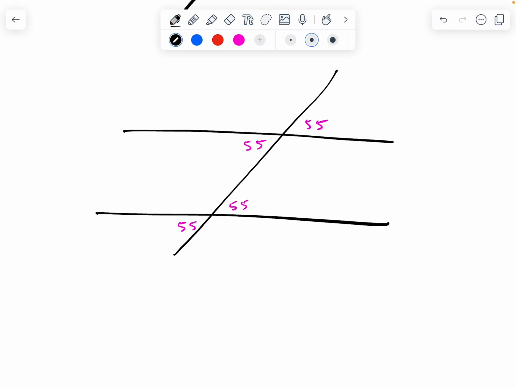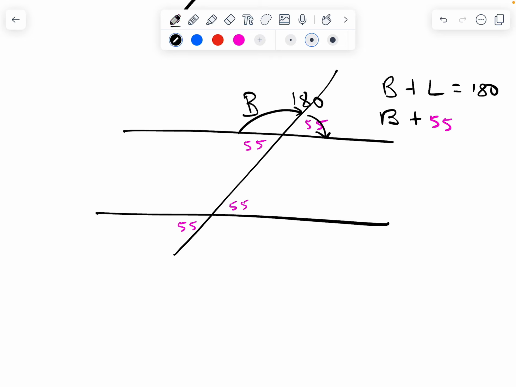Now, what happens when you have a big and a little? A big plus a little is going to add up to 180 degrees. So we'll call this big guy B for big. Big plus little equals 180. And in this case, our little is 55 degrees.